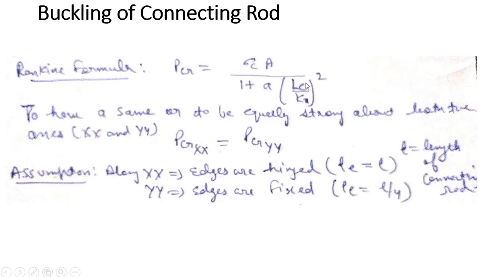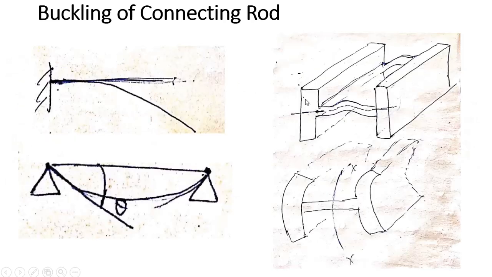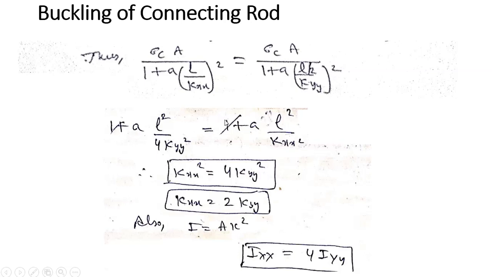Similarly for yy, LE will become L by 4. Sorry, it is L by 2. My mistake. So now when I substitute there, it will be L square by 4, and by rearranging the terms we will get kxx square equal to 4 times kyy square, or kxx will be equal to 2 times kyy.